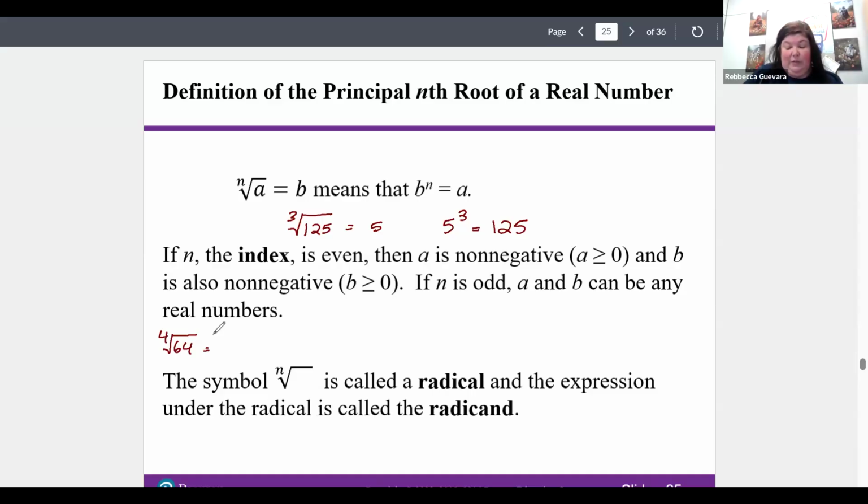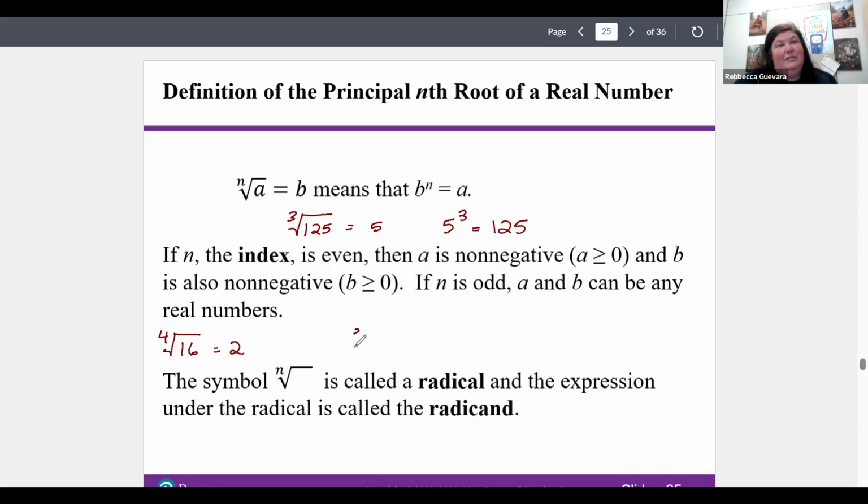Oops, got the wrong number in there. Let's do 16, that will work. I was thinking of cube root. The fourth root of 16 would be 2. It's the only option there.